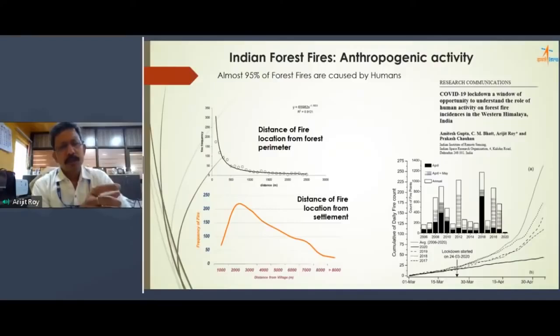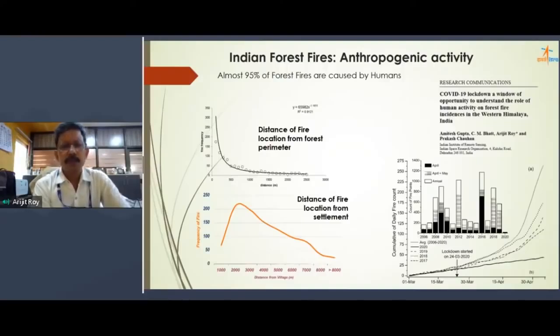So this proves that human activities in the vicinity of the forest are one of the prime causes of forest fires. For example, fuel wood collectors, when they go inside the forest to collect fuel wood, do not go more than 1 kilometer from the edge of the forest.